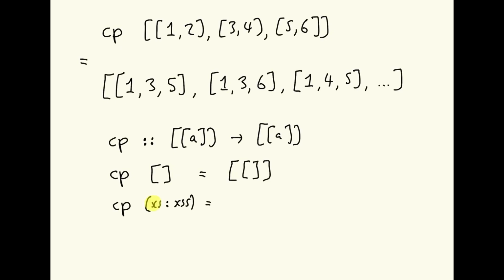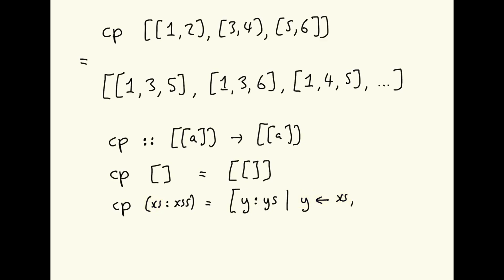And if you apply CP to a non-empty list of lists, so you've got a pattern here. You have xs as the first list, like the 1, 2, and xss is everything else, like all of that. Then you think, well, what am I actually going to do? Well, we can define this using a simple list comprehension. We're going to compute the list of all lists y followed by ys, such that y is an element of the first list. So this generator here is going to choose all possible values y coming from the first list.